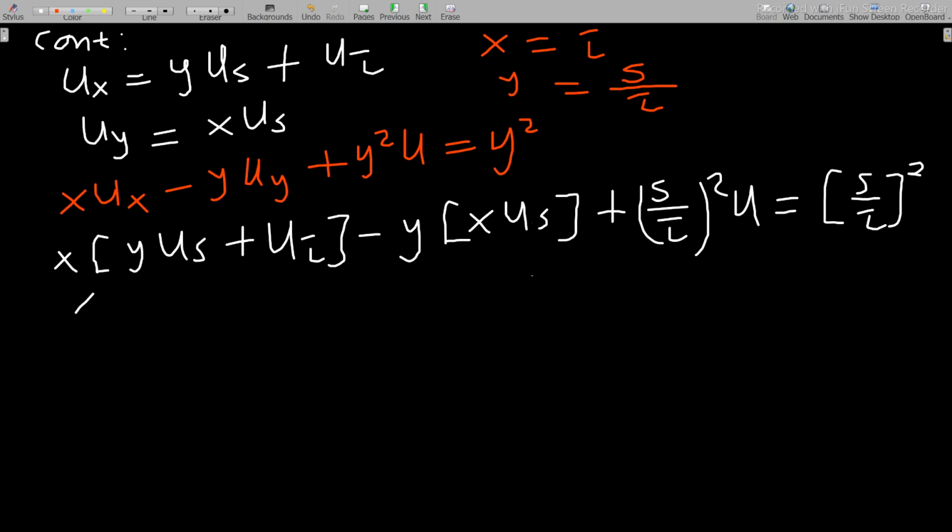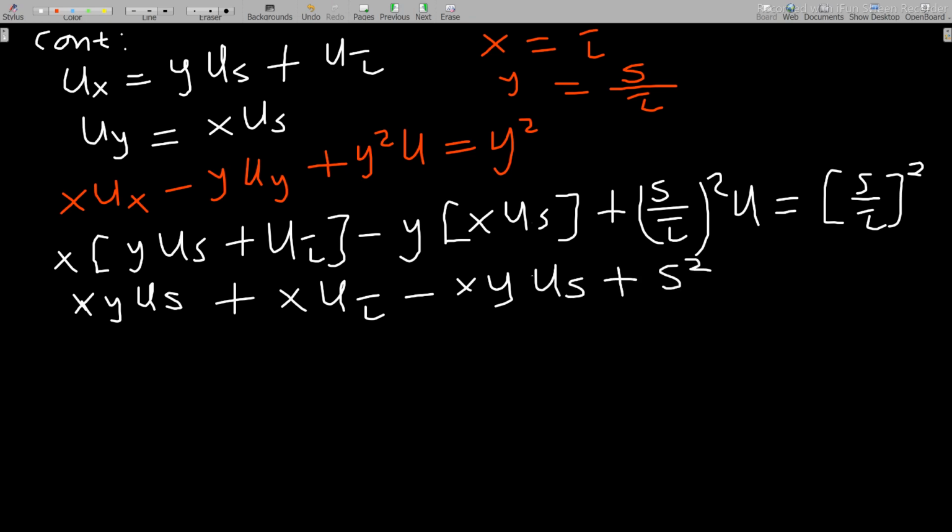Now I have xy us. The reason why I'm not transforming them back right now is that there might be some cancellations. And minus xy us, and plus s squared over tau squared u equals s squared over tau squared. Now this cancels, so I'll be left with x, and x is what?